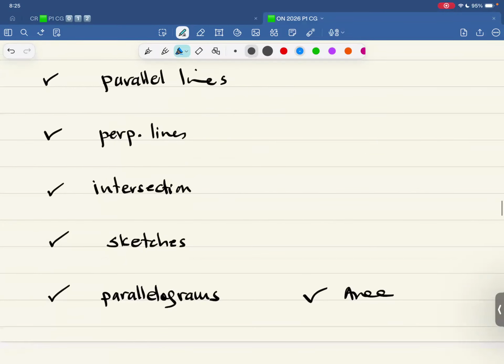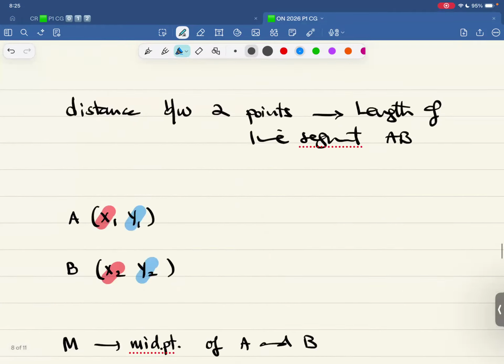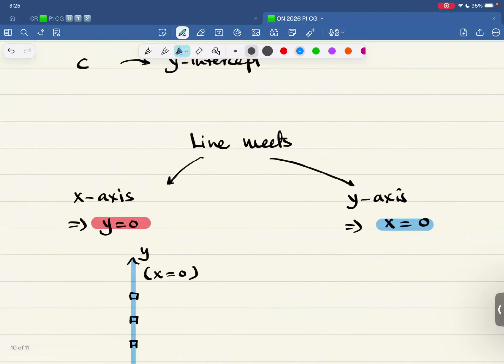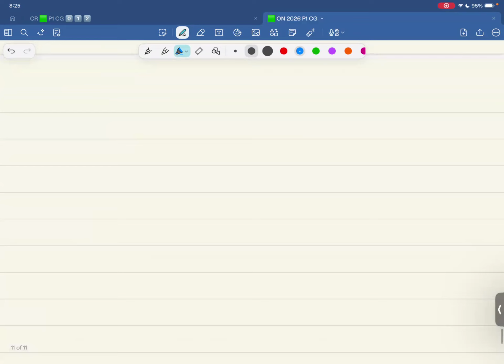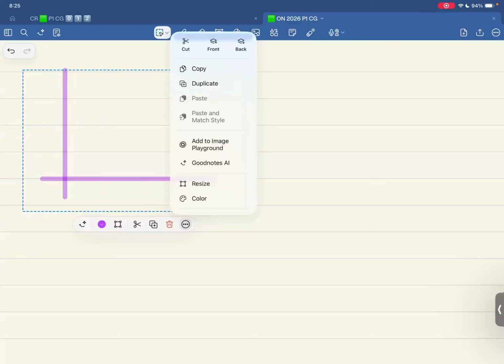Parallel, perpendicular, intersection, we will talk about it in a short while. So now let's talk about some sketches. When we draw this grid over here, let me just draw a small grid like this. Let me just copy it. Okay.